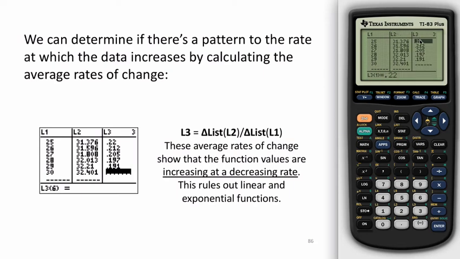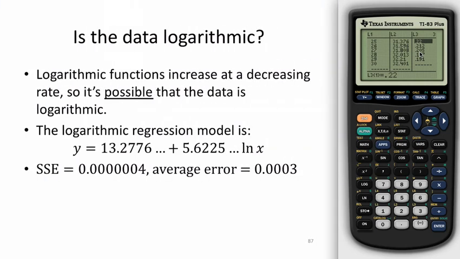The average rates of change are decreasing. Decreasing average rates of change means concave down. So if I had done this, I could have used this information to eliminate the linear and the exponential possibilities and just test for the logarithmic fit.